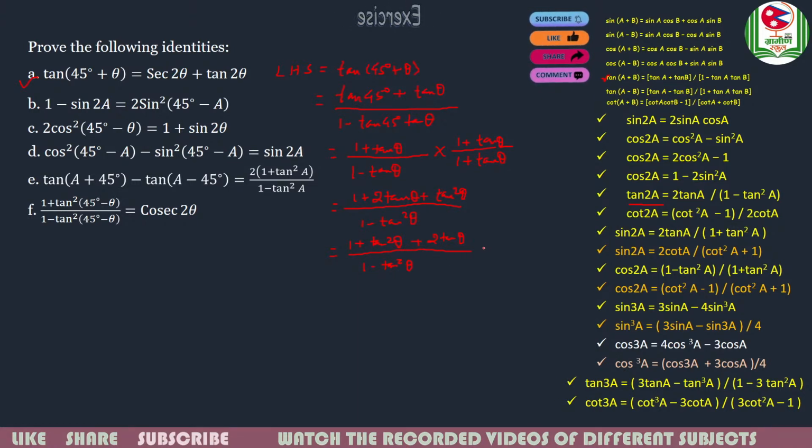Again we rationalize. We multiply the numerator and denominator by 1 plus tan squared θ. So what will we obtain now?